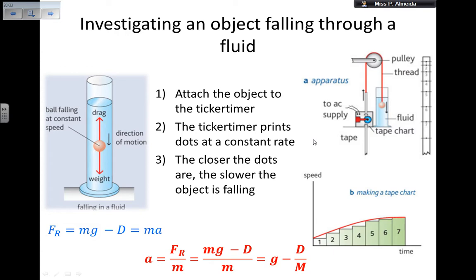So my acceleration will be mass times gravity minus the drag, over the mass. So that means that I can cancel out the masses from the gravity side, so I get that my acceleration is going to depend on the gravity minus the ratio between the drag and the mass of my object, okay?